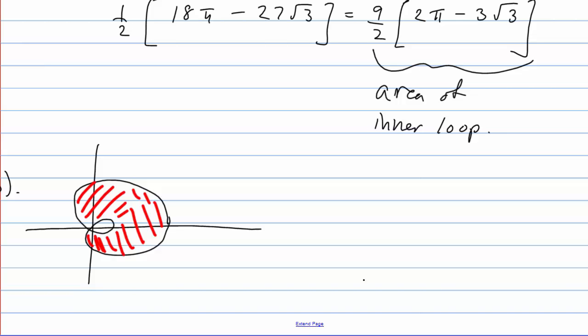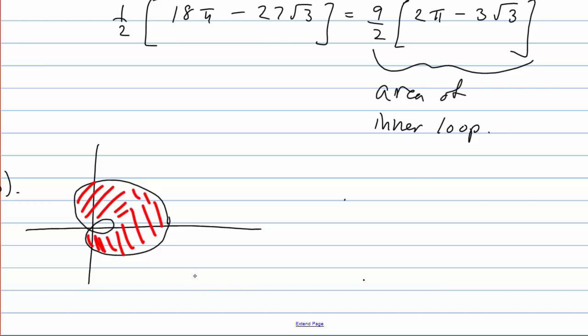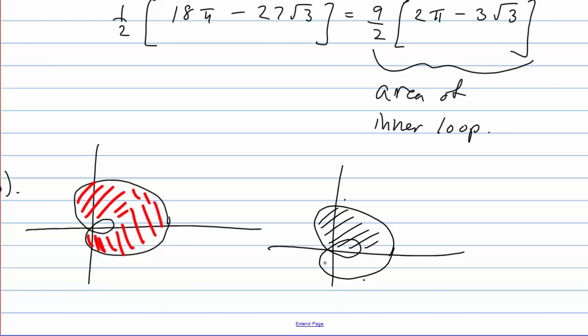So now it should be kind of clear how we could do that. Namely, what we could do is just find the area of everything in here, including the inner loop.